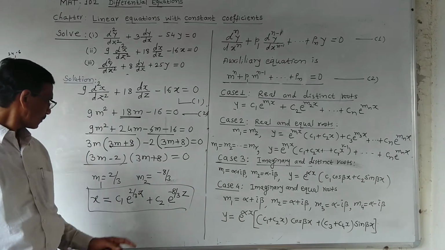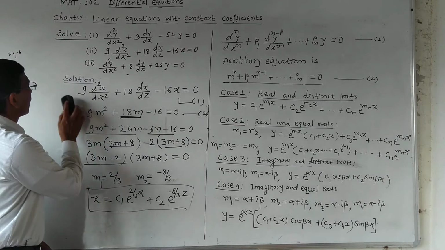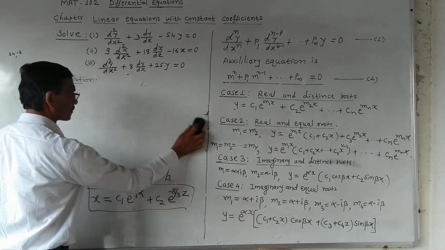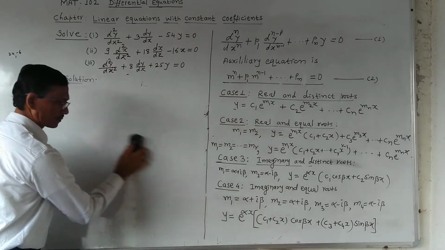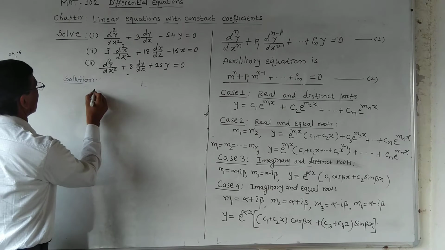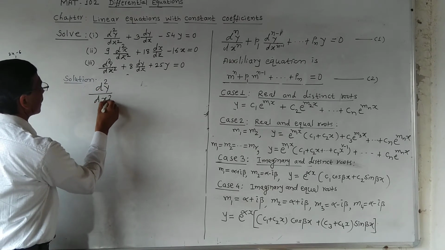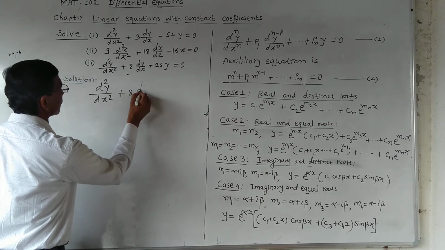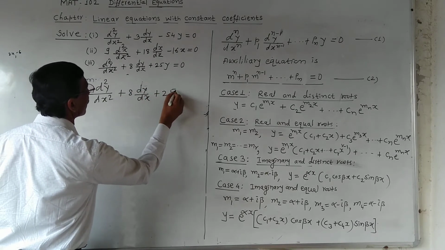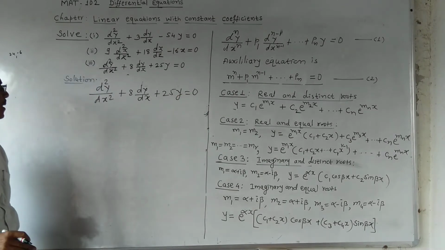Okay. In a similar manner, we shall try the third, that is d2y by dx square plus 8 dy by dx plus 25y is equals to 0.